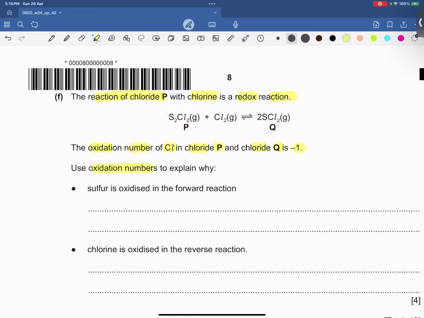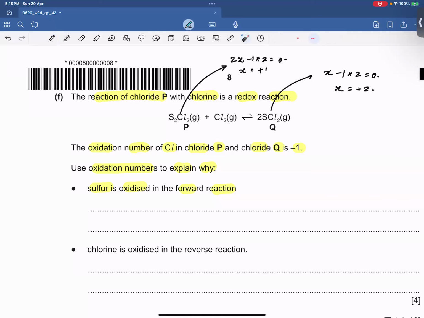Use oxidation number to explain why sulfur is oxidized in the forward reaction. By the way, take out the oxidation state. Take sulfur as 2x, chlorine's charge is -1 times 2, equals 0, so x equals +1. Here, find the oxidation state of sulfur: x, -1 multiplied by 2 equals 0, so x equals +2.